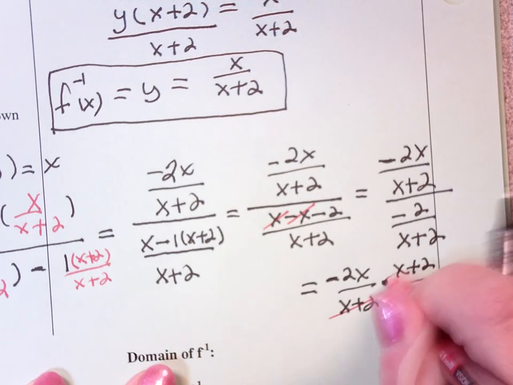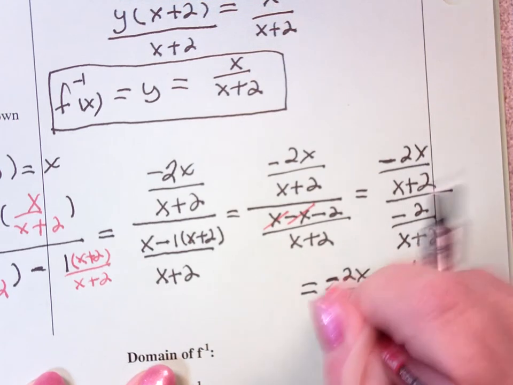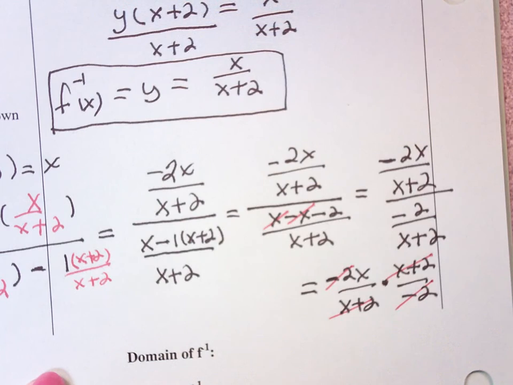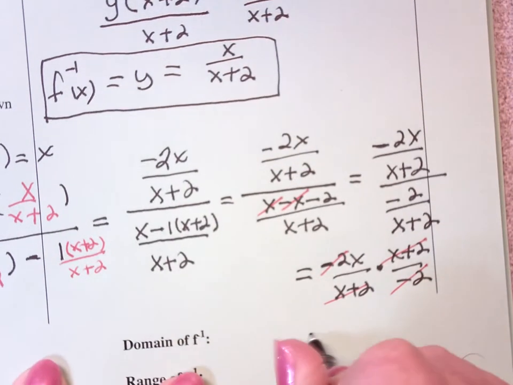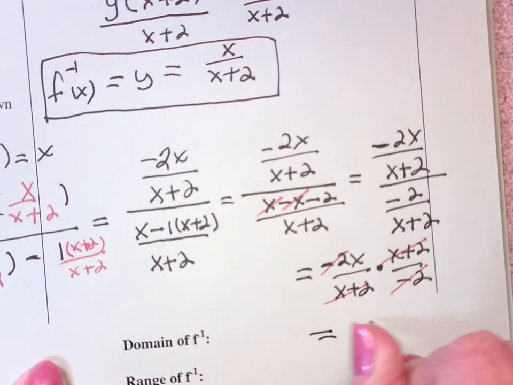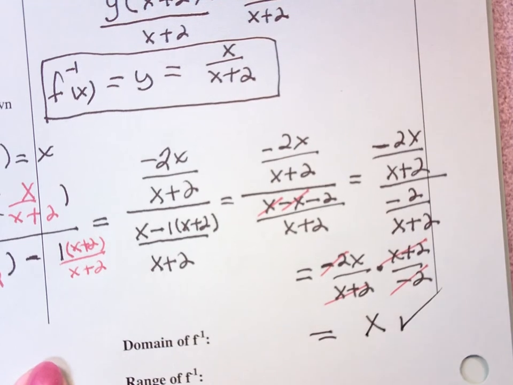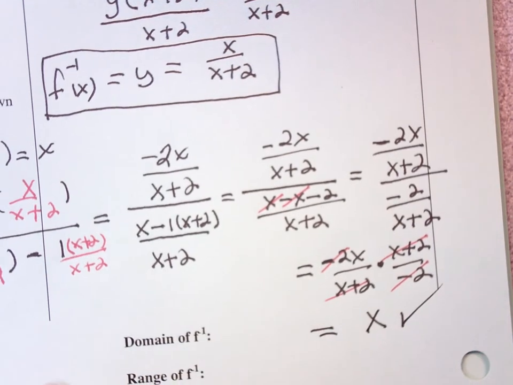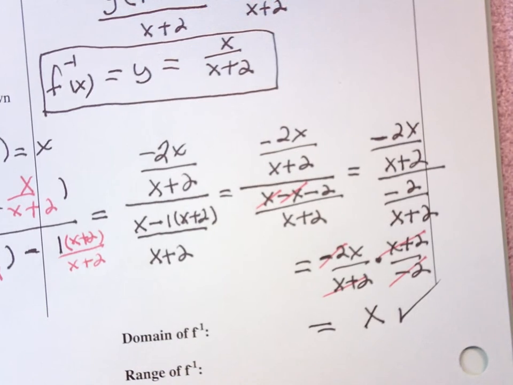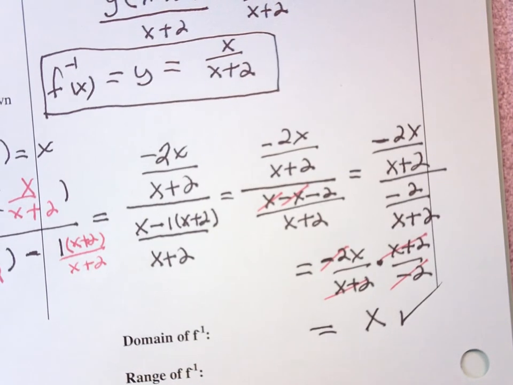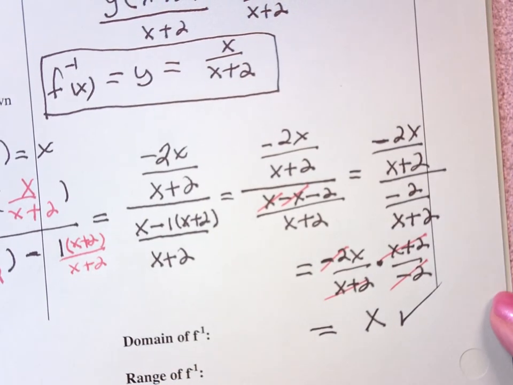The x plus 2's divide out. Negative 2's divide out. And this is indeed equal to x. And it verifies.